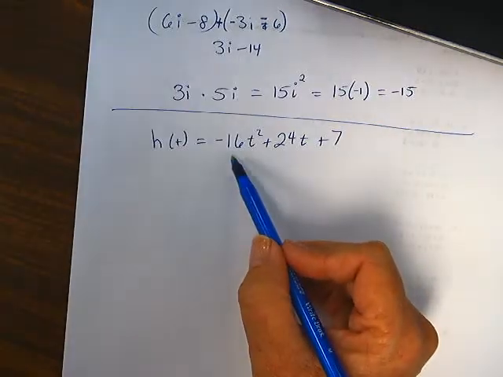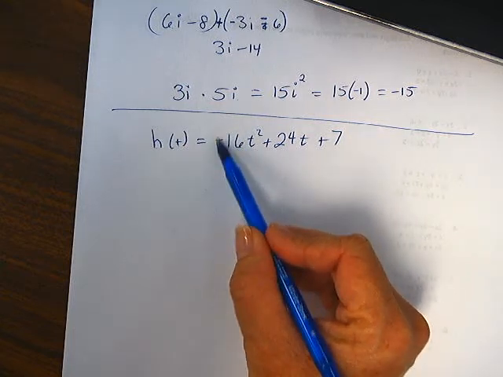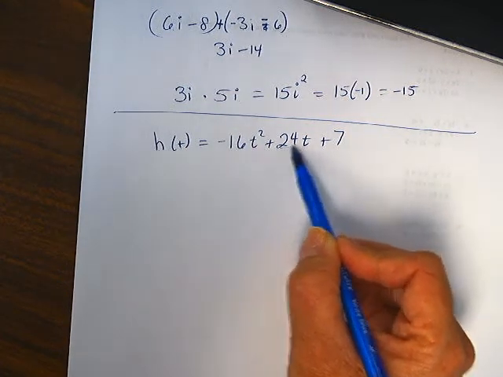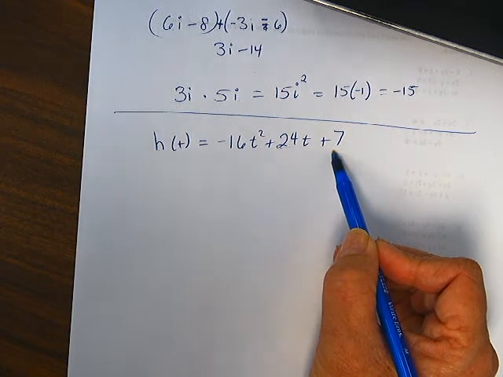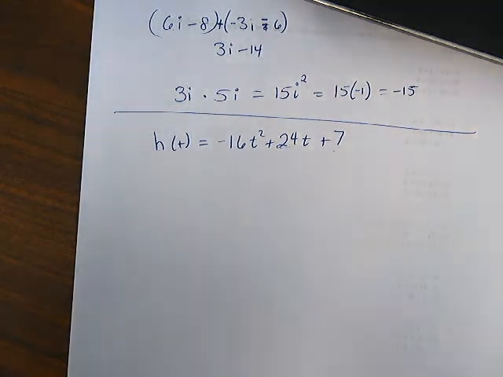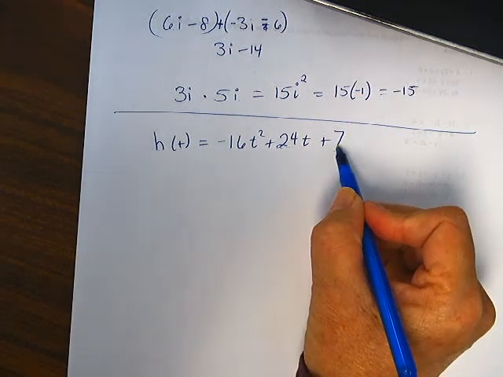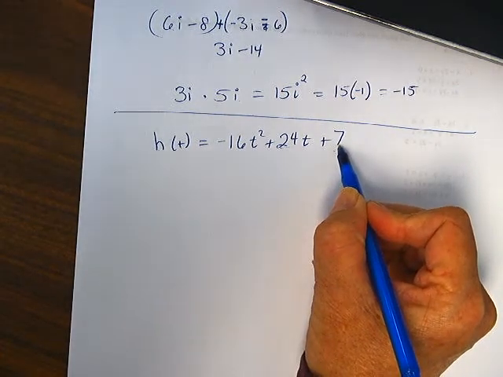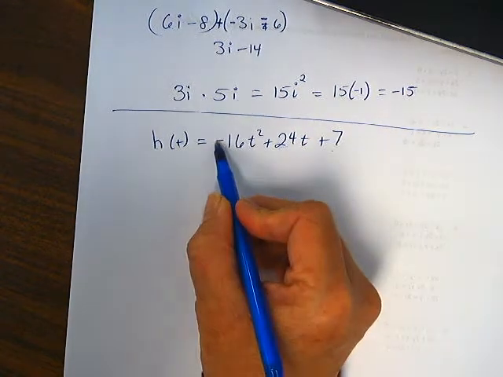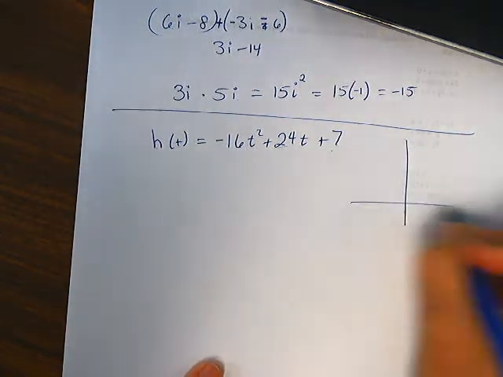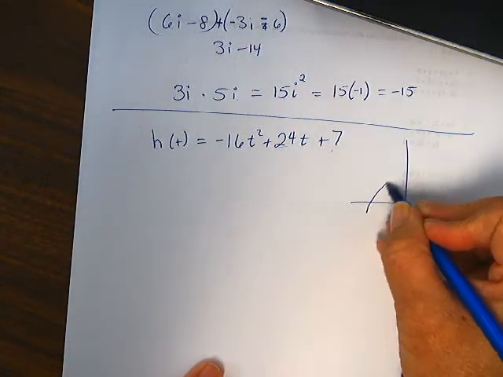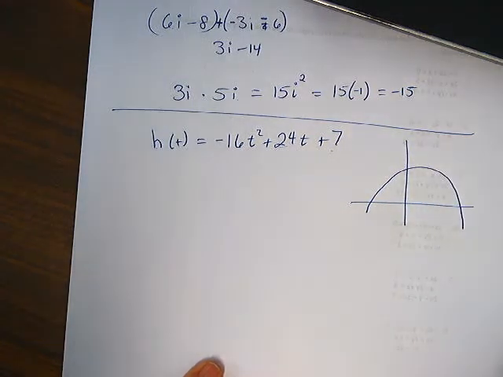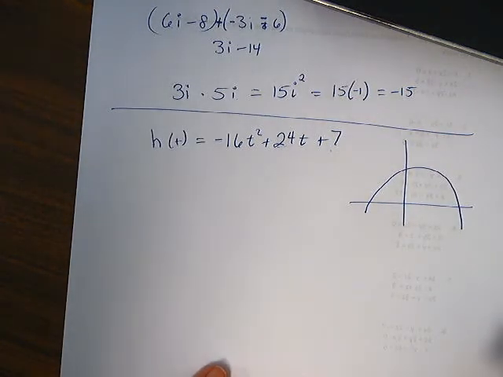So this is going to model something that is being affected by gravity. This was the initial velocity, and this is how high it started. So when time was 0, let's say this is a basketball that we're trying to shoot. So we're shooting a basketball at time 0. When I shoot it, it's at 7 feet. Well, we know this is negative, so the graph is going to open downwards like that. Okay.